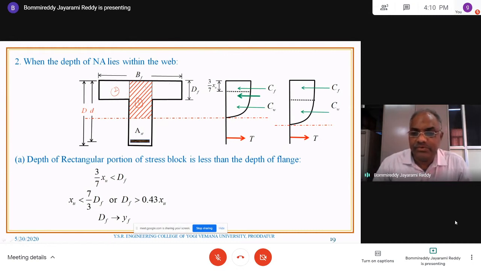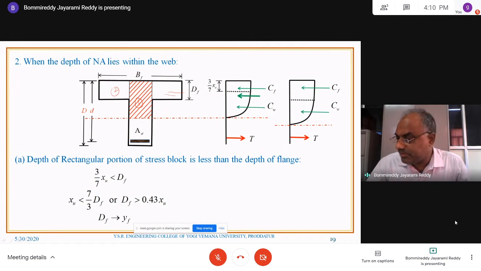So what are the various forces here? One force is C suffix F, that means the compressive resistance of the flange. It will act at the center of this flange. Another one is C suffix W, the compressive resistance of the web.